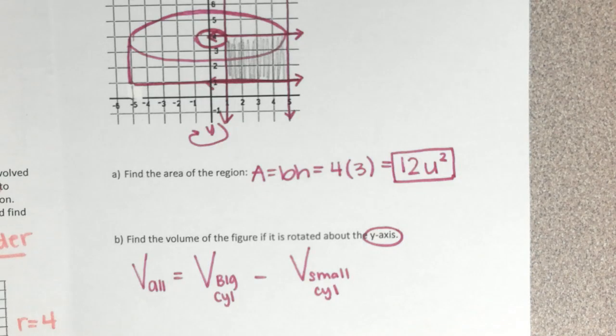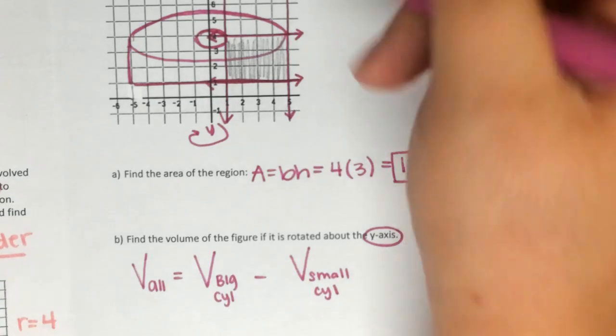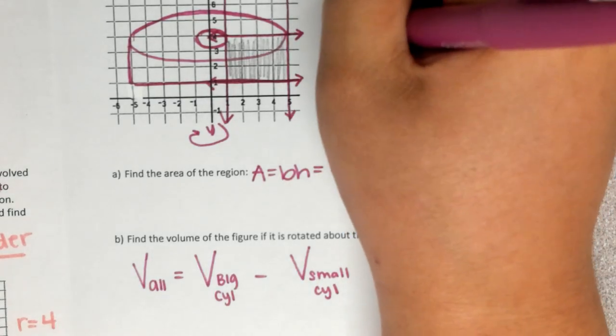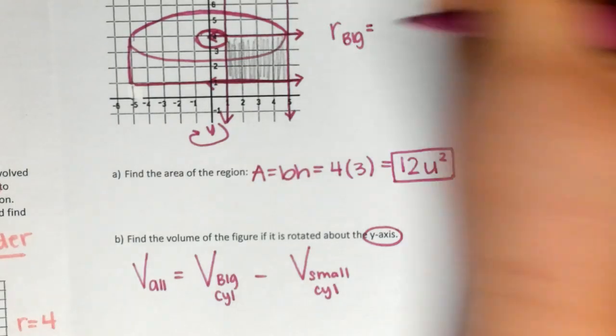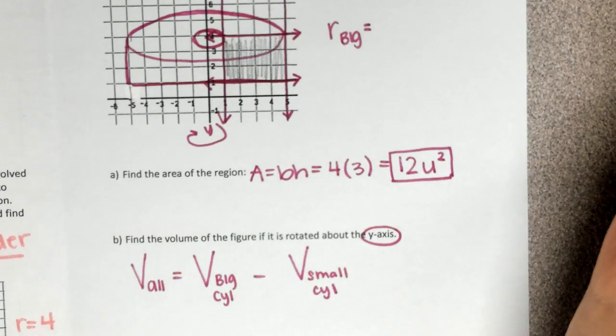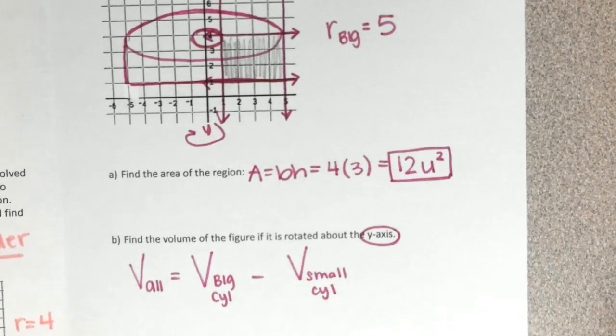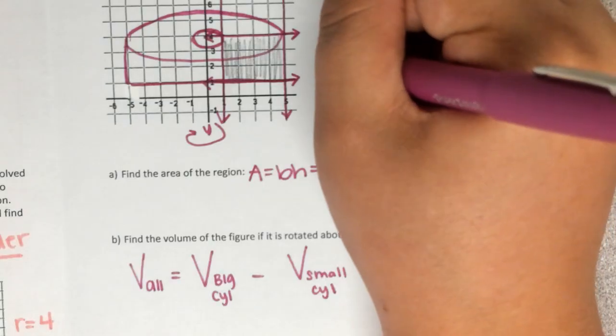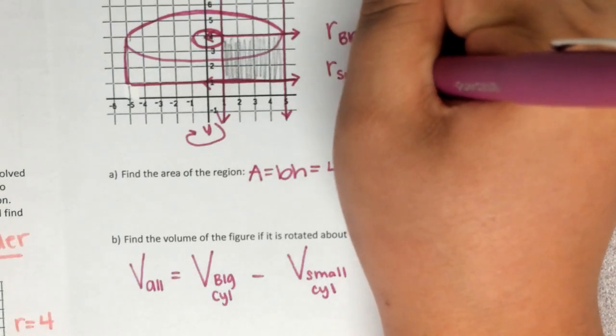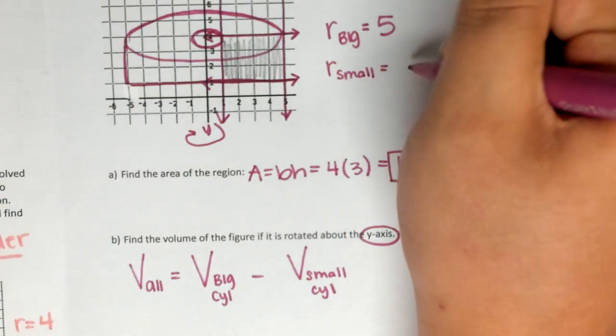So let's talk about what we know. What is the radius of my big circle here? It is 5. Start from the y-axis and go right. It's 5. What is the radius of the small circle here? Say it louder. 1.